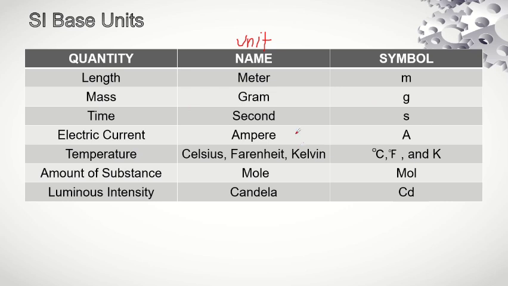Electric current, ampere, symbol is A. Temperature, Celsius, Fahrenheit, Kelvin, ito ang symbol. Then, amount of substance, mole, ito ang symbol niya. Luminous intensity, candela, or CD.